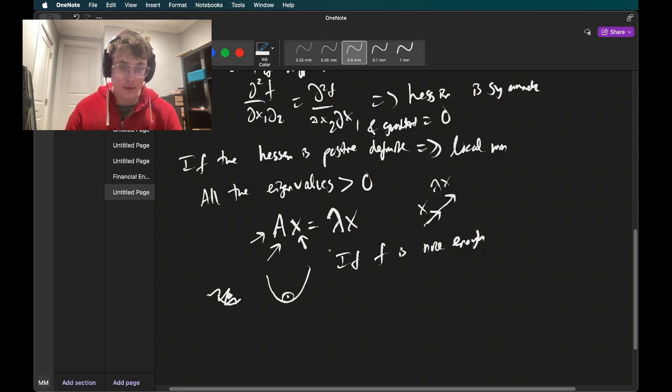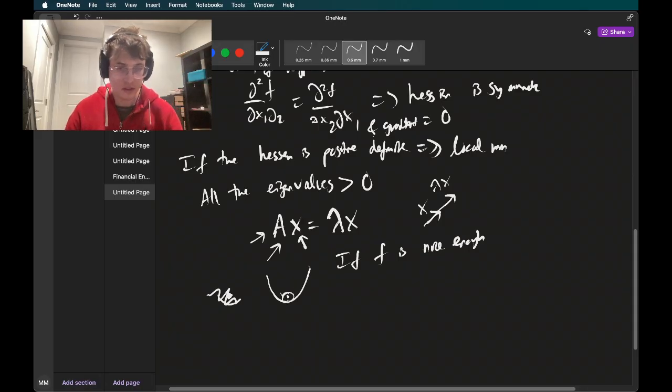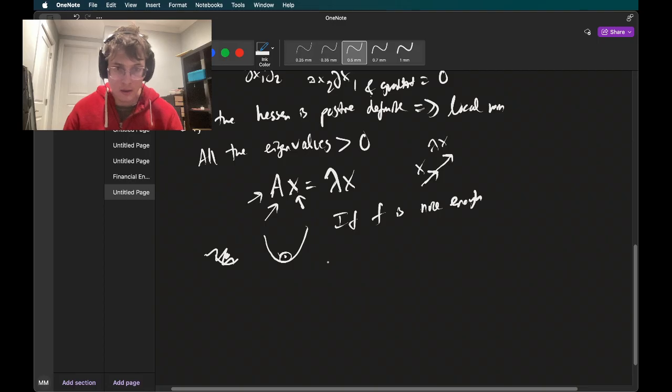The Hessian evaluated at x is not going to change too much. It's going to be close enough. The difference in slope, the first derivative, can be represented by the Hessian.